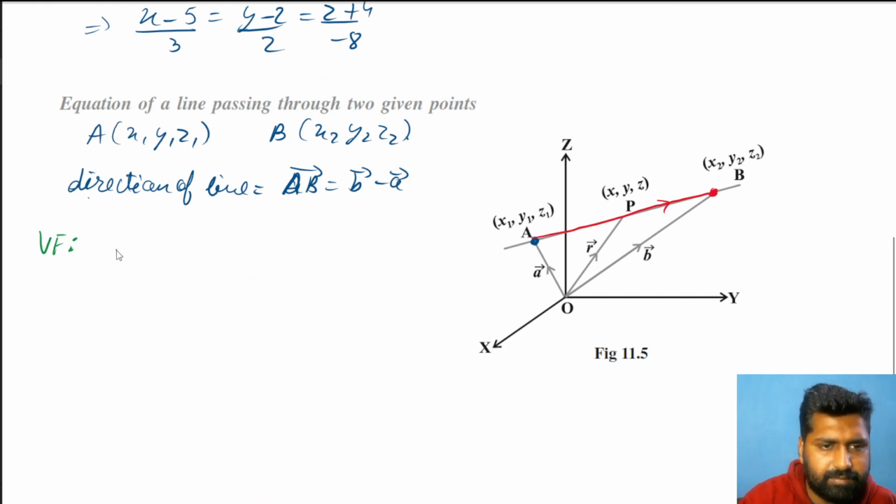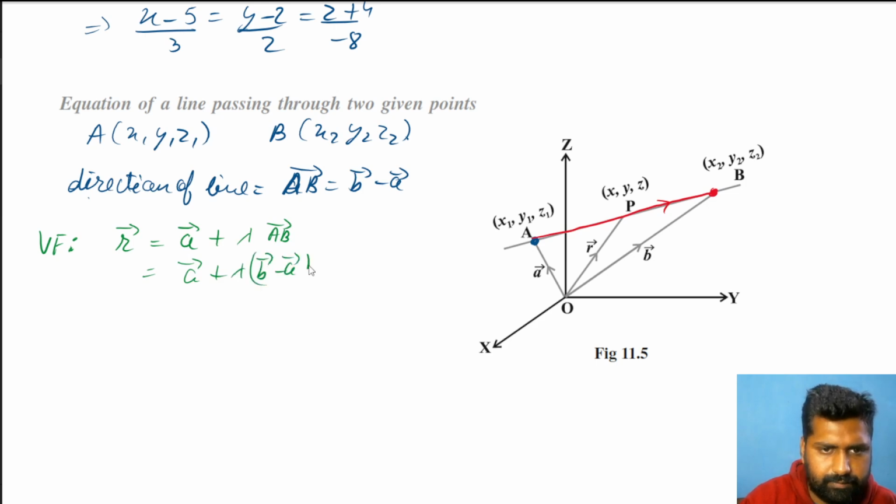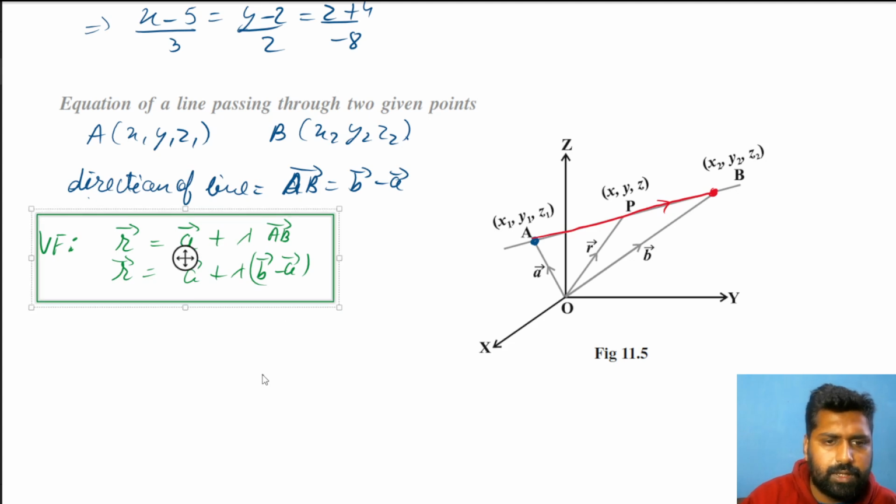So this time I'll say R vector is equal to the passing point A, so A vector plus lambda times direction. Now what is the direction this time? AB vector. So that's A vector plus lambda times B minus A. Okay, that's the vector equation. A vector, passing vector, plus lambda times direction. Direction is this time AB.